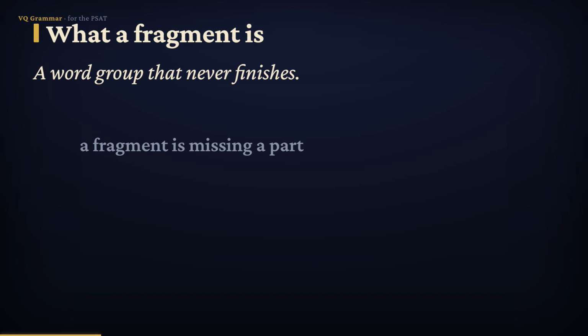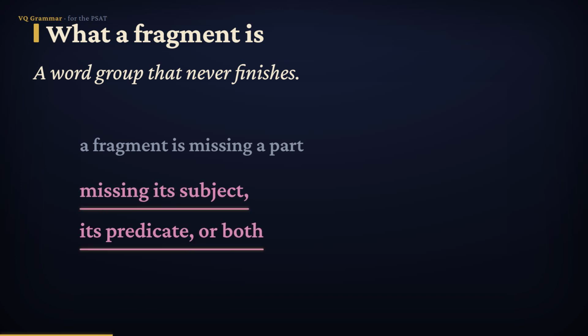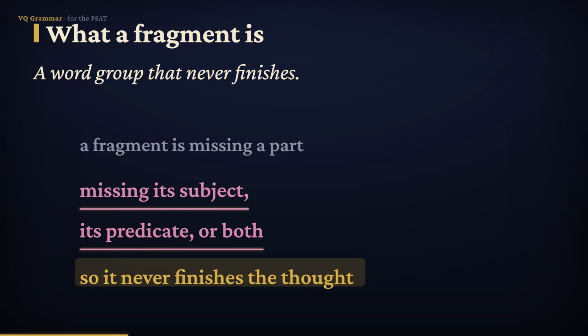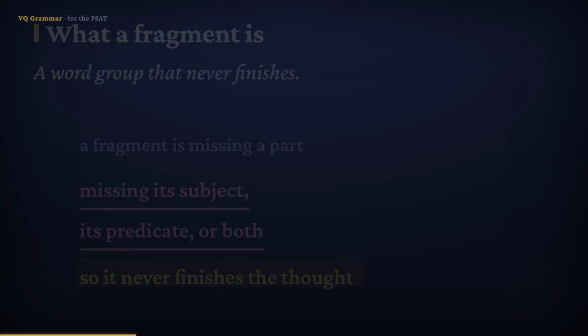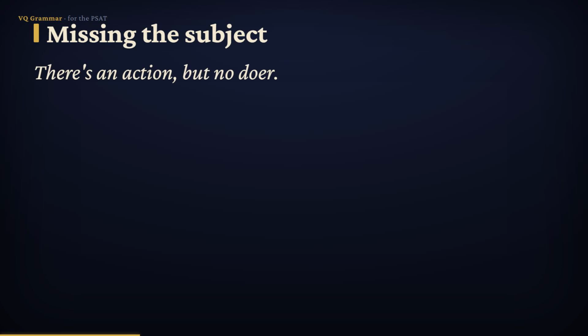A sentence fragment is a word group that's missing one of those parts. It might be missing its subject, it might be missing its predicate, or it might be missing both. Whatever the case, because a part is gone, the fragment never finishes its thought. It just leaves you hanging, waiting for the rest. Let's see each kind.